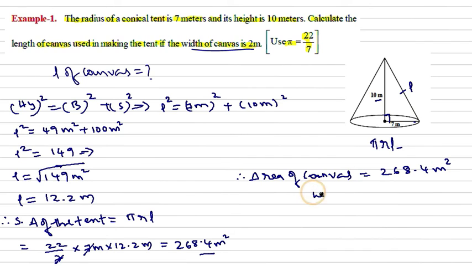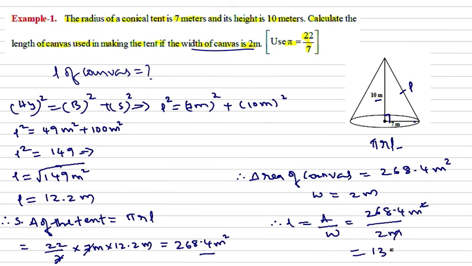Now here the given width of this canvas is 2 meters. Now we are going to find the length. Therefore length is equal to area by width, which is equal to 268.4 meters square by width 2 meters. So meters we can cancel. Then 2 ones are 2, 2 threes are 6, 2 twos are 4, 2 fours are 8, so the length of this canvas is 134.2 meters.